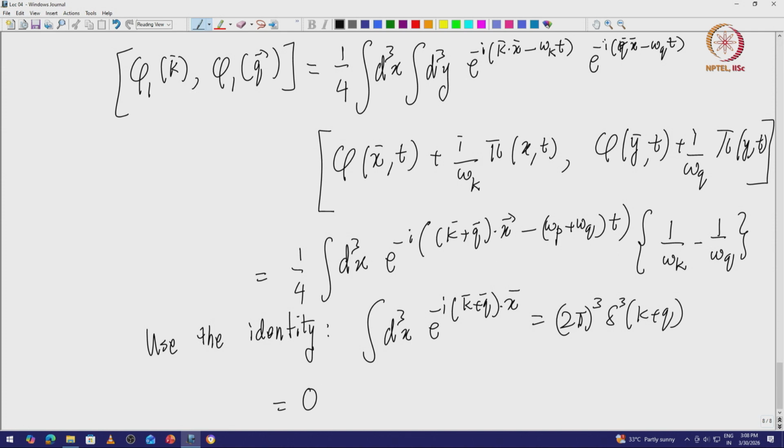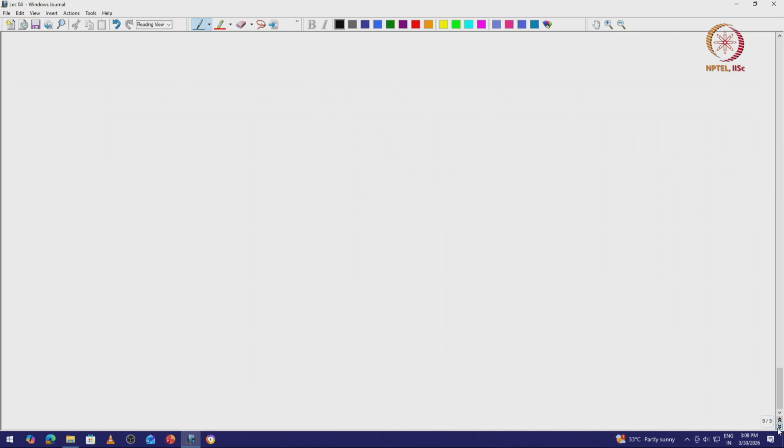In the momentum space commutation relation, if I take phi of k and phi of q, I should get back 0. This is what we expected, and we see that you get back this. And similarly, if you calculate the momentum space commutation between phi 1 of k and phi 1 dagger of q, now again I will ask you to guess.